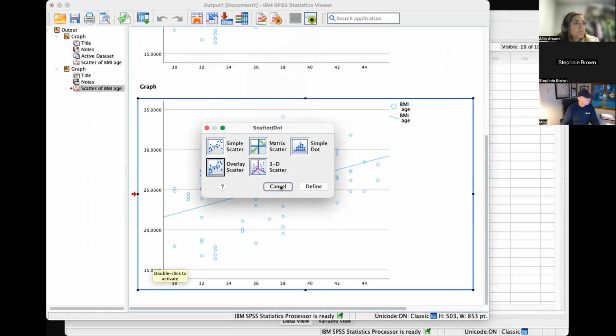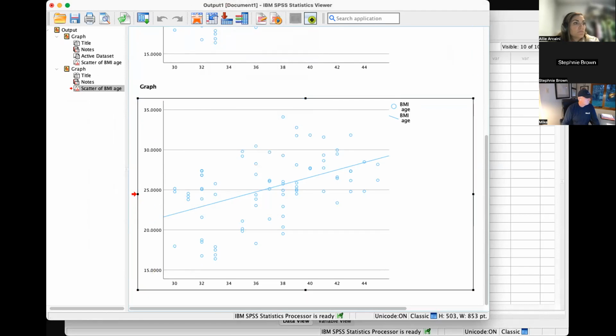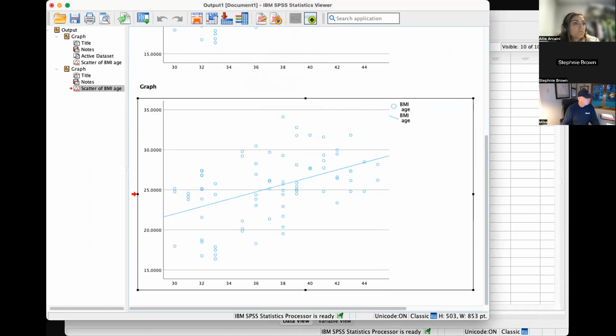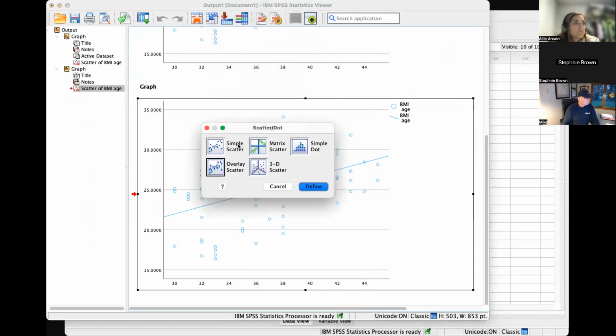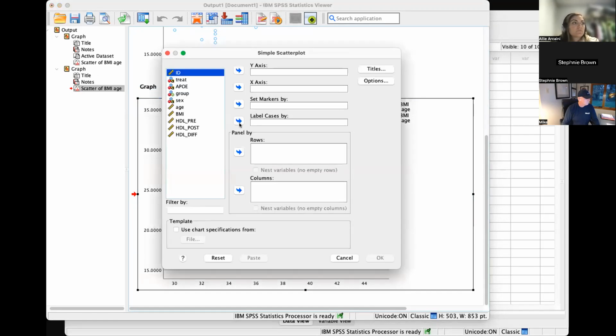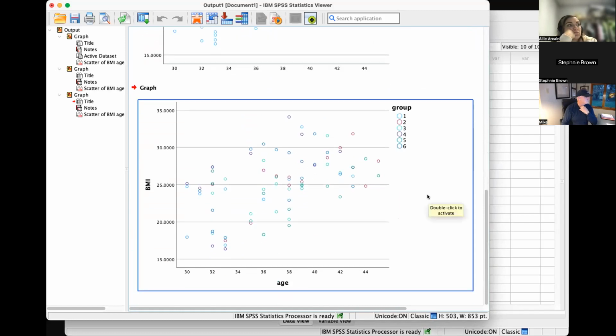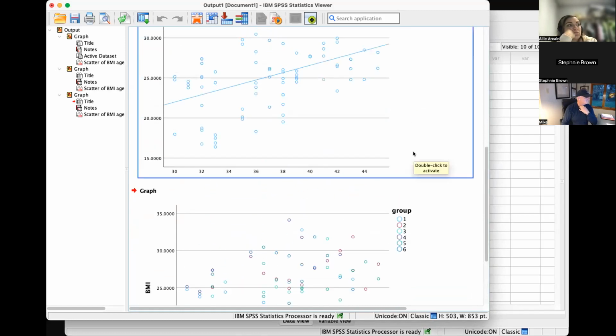It's a simple scatter. Right, there we go. Wrong variable.